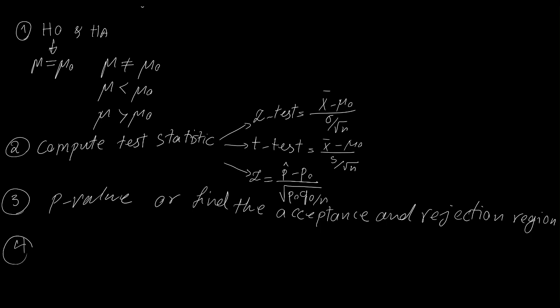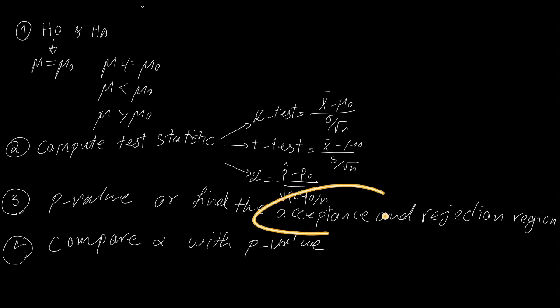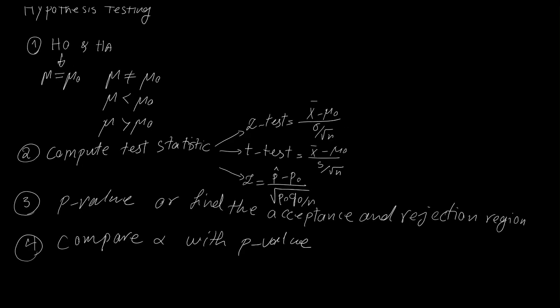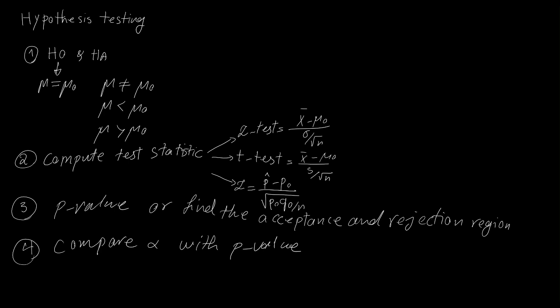In the next step, we compare alpha with the p-value, or we compare z of alpha with the acceptance region or the rejection region to see which area it is in. And then the next step, step 5, is to make the decision. So hypothesis testing has these 5 steps, and the last one is make a decision.